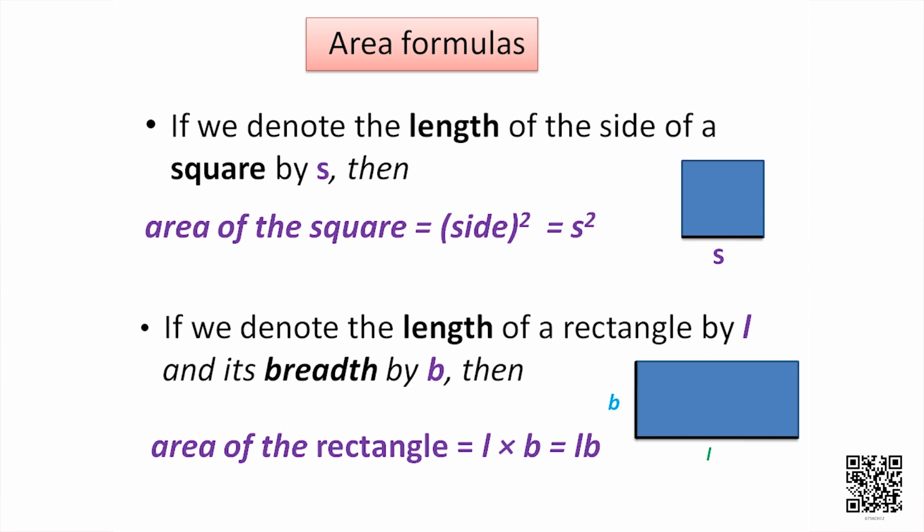This is the area of the rectangle, and this formula we have written with the help of an algebraic expression. So, this is the use of algebraic expressions which we do in our daily life.